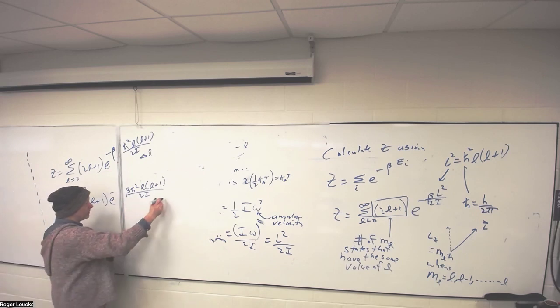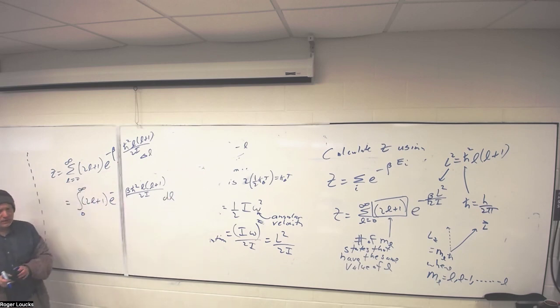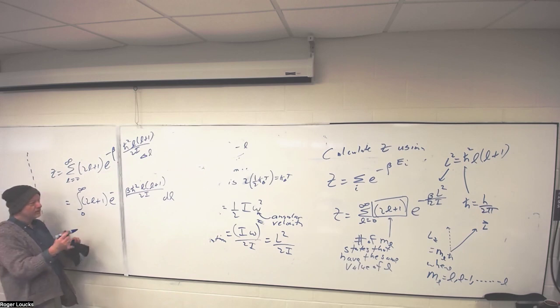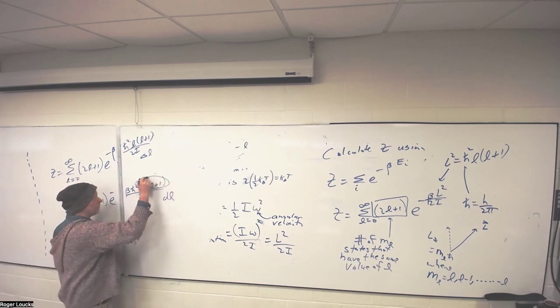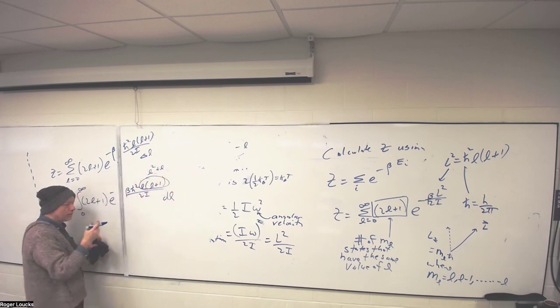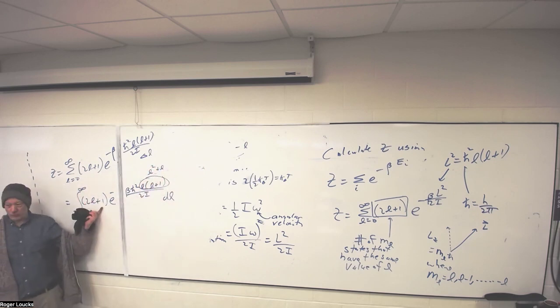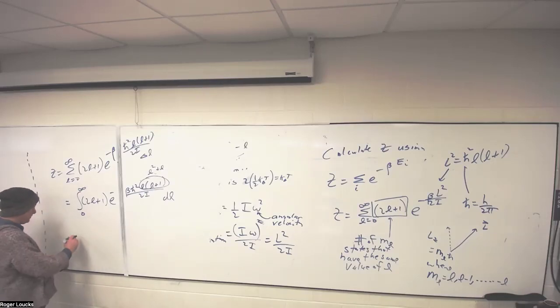And then this becomes 0. I think that's a friend here, right? This guy here is L squared plus L. What does 2L plus 1 look like? A derivative. The derivative of that.